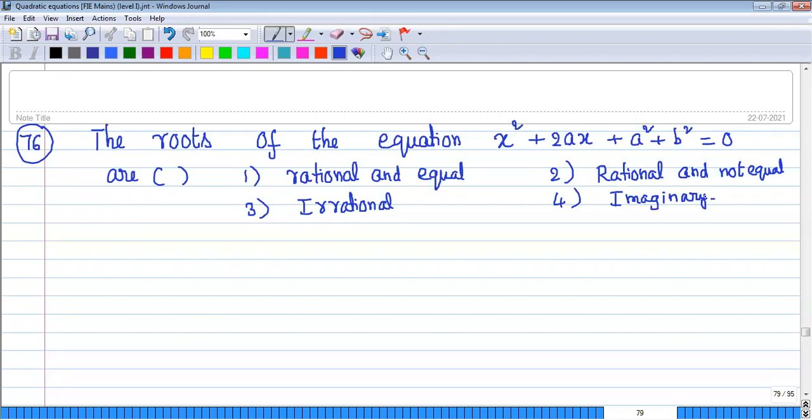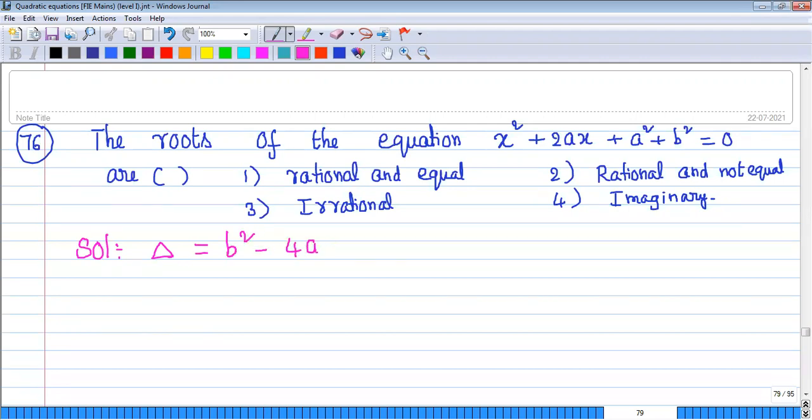That means as far as the options are concerned, we need to find out its discriminant, that means the nature of the roots. The nature of the roots can be evaluated with the help of the value of the discriminant. So discriminant is delta or sometimes capital D, no problem. You can write b square minus 4ac.